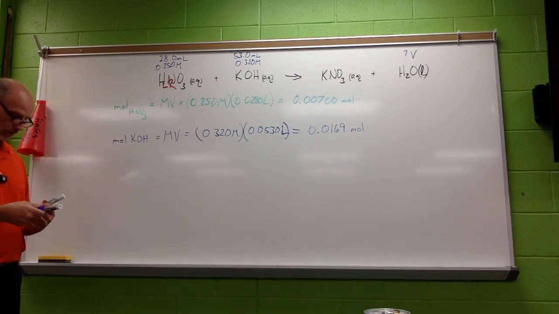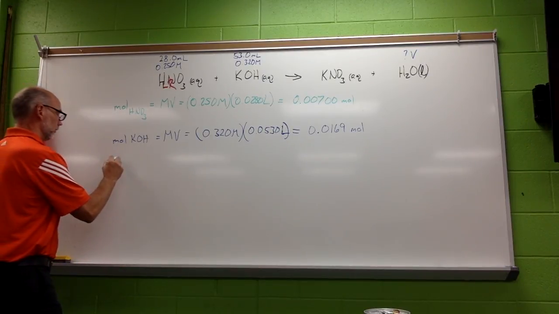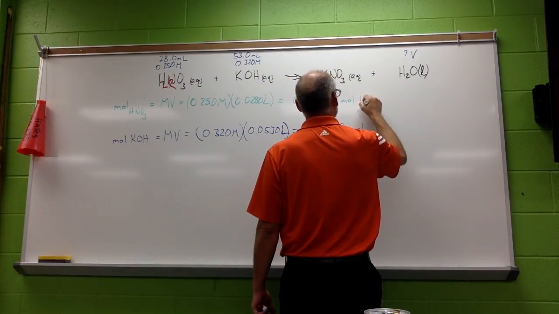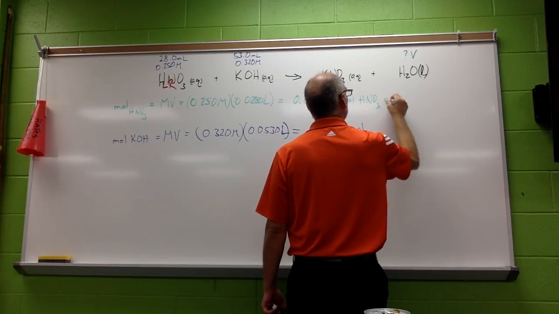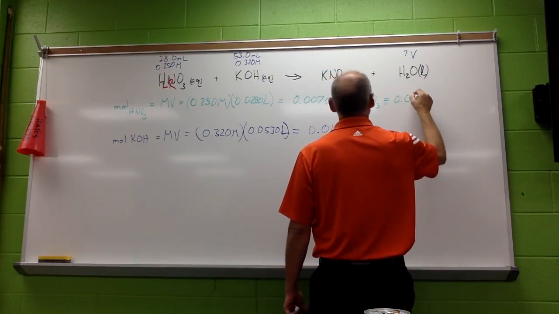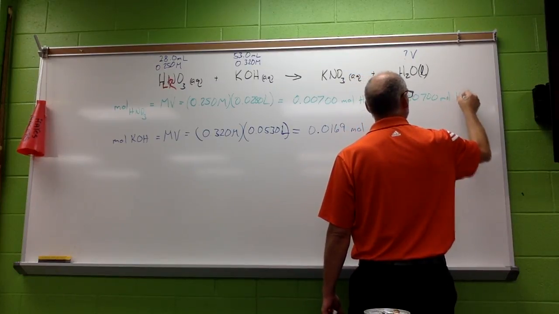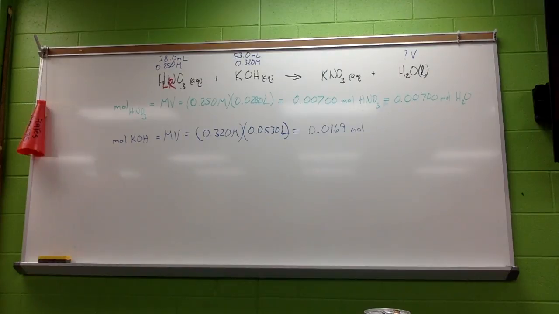So we start with our, I'm just going to go from here. Do you see what I did there? You can also get away with that. Why? Because it's a one-to-one stoichiometry.